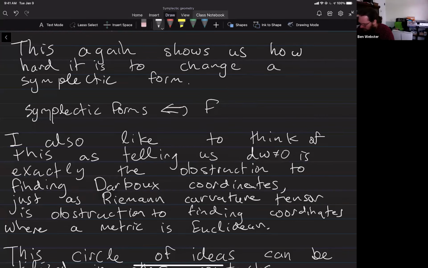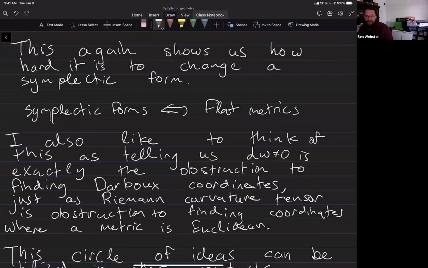You can debate whether that's so or not, but I would think of the exterior derivative of the two form as like a Riemann curvature tensor. The Riemann curvature tensor is the obstruction to showing that in some small neighborhood, your metric is isometric to the usual one on Rn.